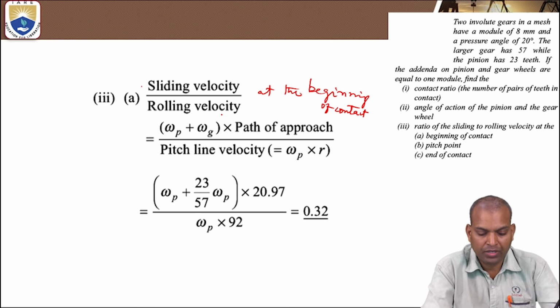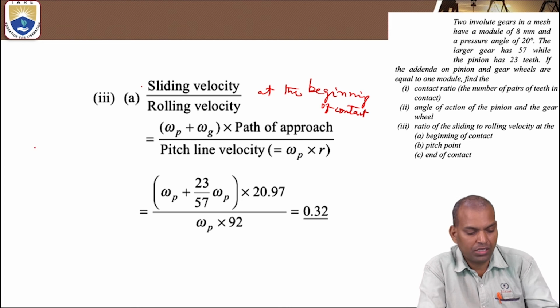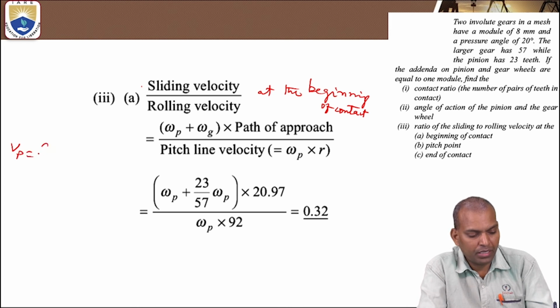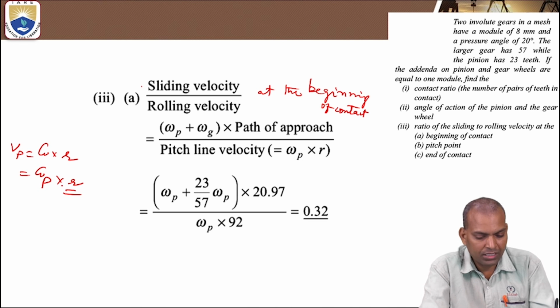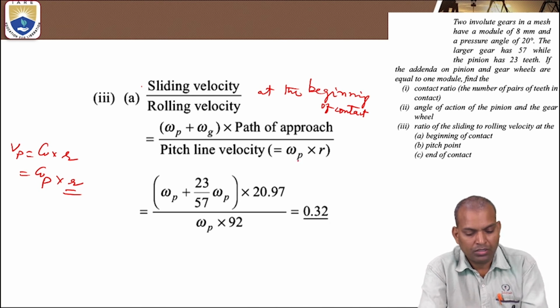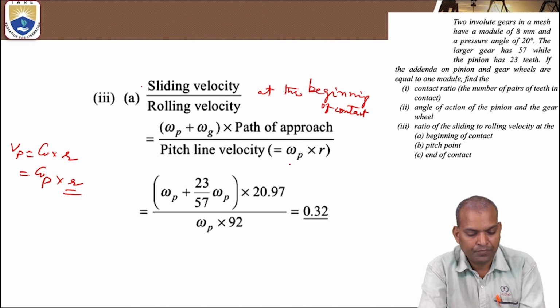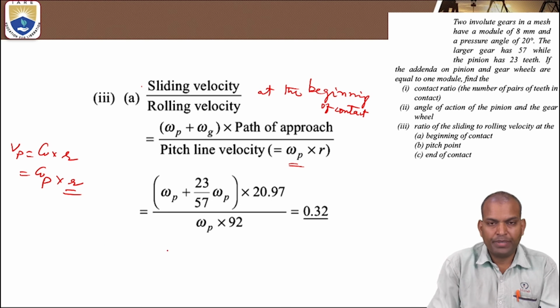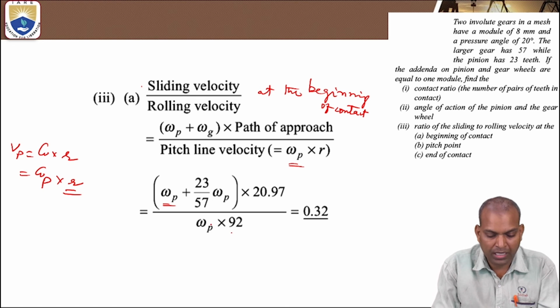That is for the beginning of contact. What is the pitch line velocity? Pitch line velocity Vp equals omega P times R, the pitch circle radius. Rolling velocity at the beginning of contact is omega P times the pitch circle radius of the pinion. Now here we know what omega P is.